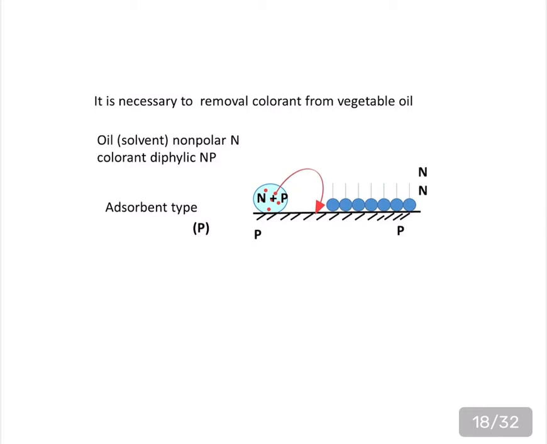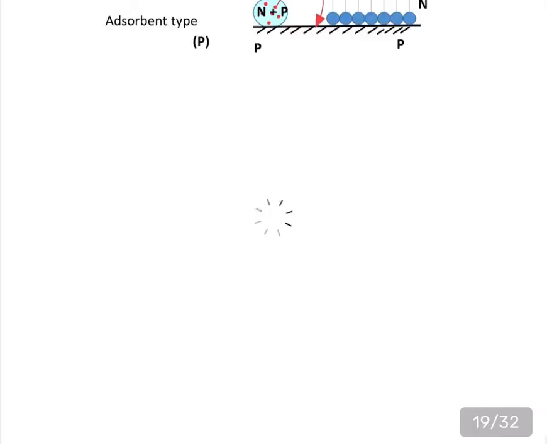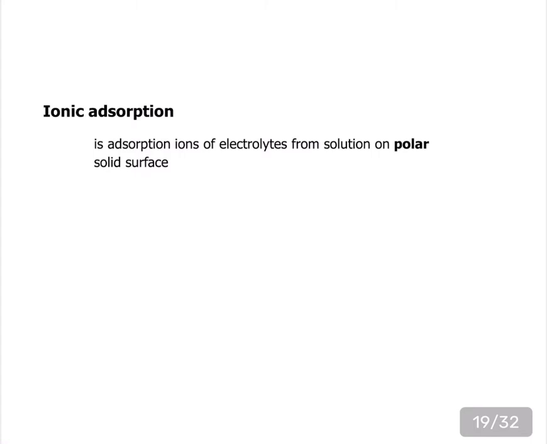So the next type of adsorption from solution is ionic adsorption. Ionic adsorption is adsorption of strong electrolytes from their solution on a polar solid surface.